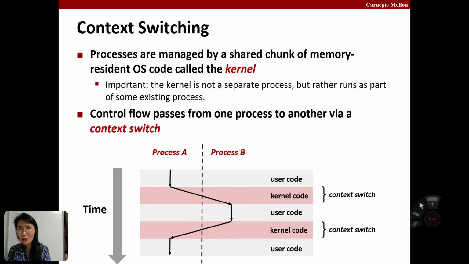If we turn on our desktop or laptop, at that time the operating system, specifically the kernel, is loaded on the top of the main memory, right? So the kernel is not a separate process, but rather runs as the shared part of some existing processes. All right. So control flow passes from one process to another by a context switch.